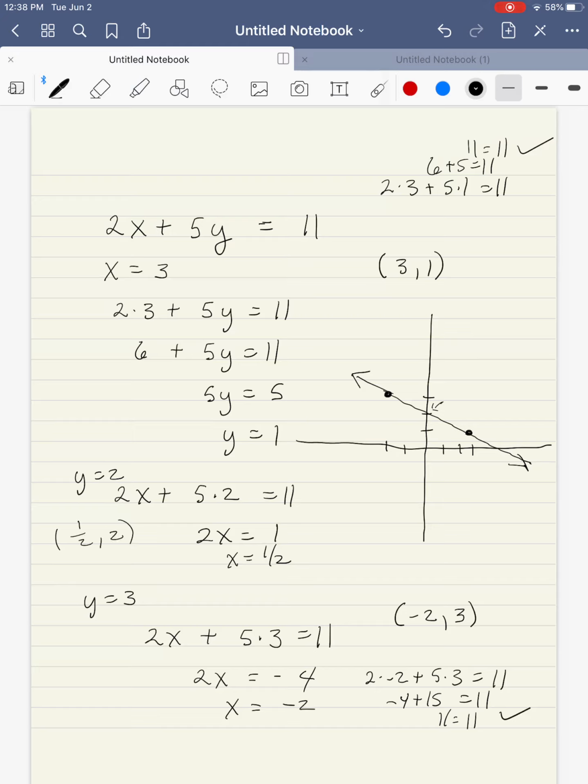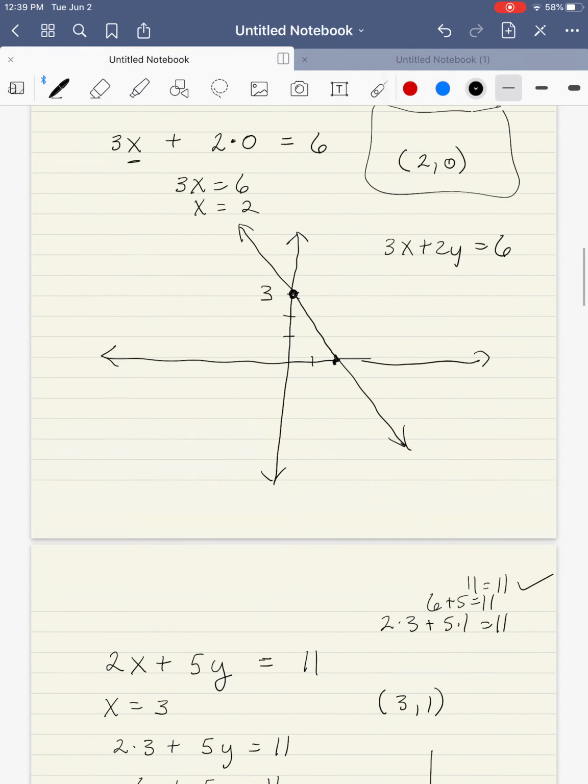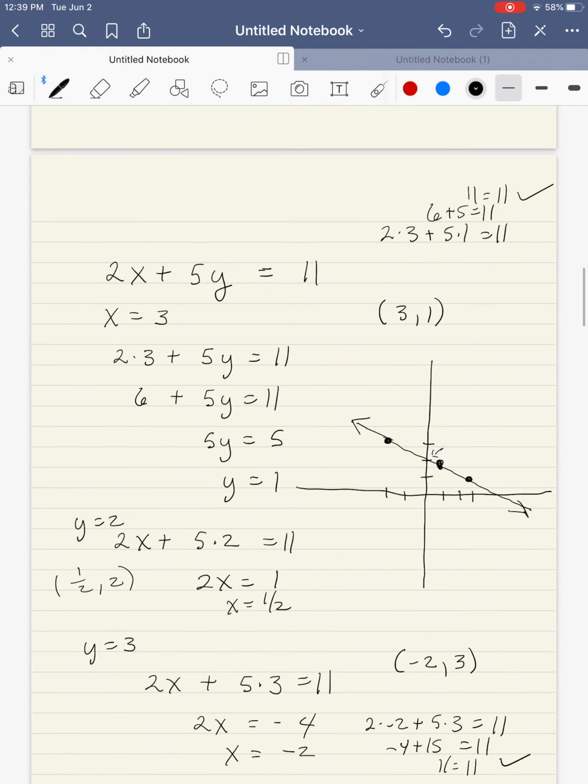And then notice this point here, (1/2, 2). I didn't graph that one, but that is my point right here, (1/2, 2), right on the line. So that's a third way of graphing a line, just using any 2 ordered pairs that make the equation a true statement.